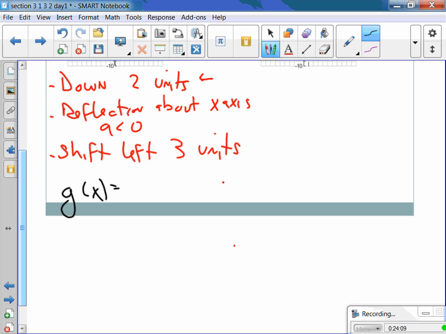Negative for the reflection, actually negative 2. Shifting left 3 units, absolutely, plus 3. Somebody else? So we wind up with our g of x equals negative 2 to the x plus 3 minus 2. Questions?